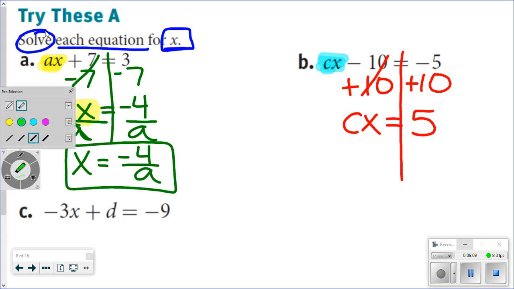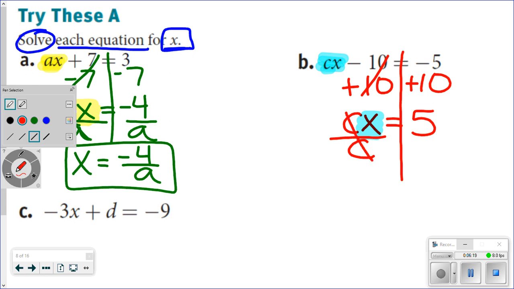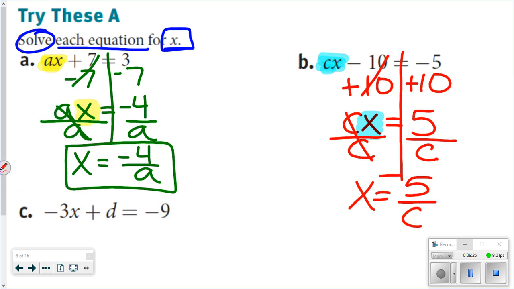X is not alone yet. There's a c out in front. Those two things are being multiplied. So the opposite here is to divide by c. Those cancel. Divide by c. X equals 5 over c. That would be my final answer.